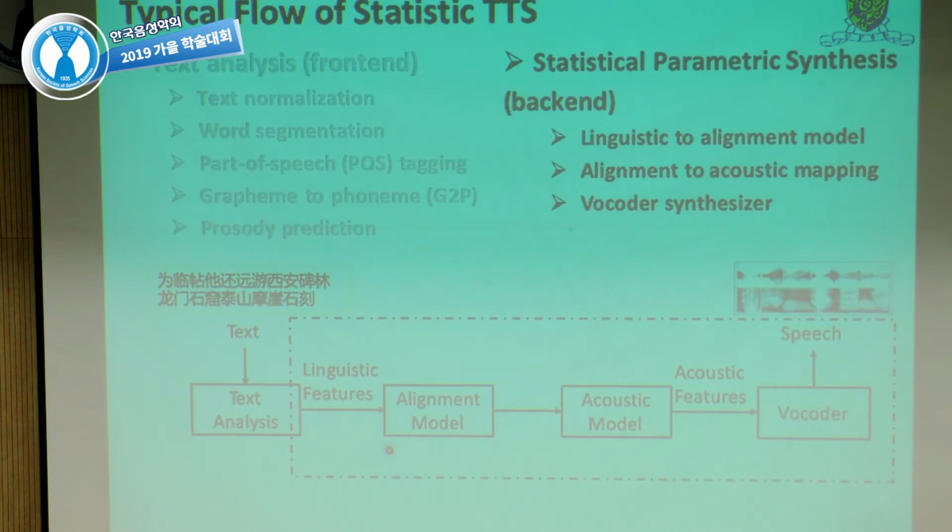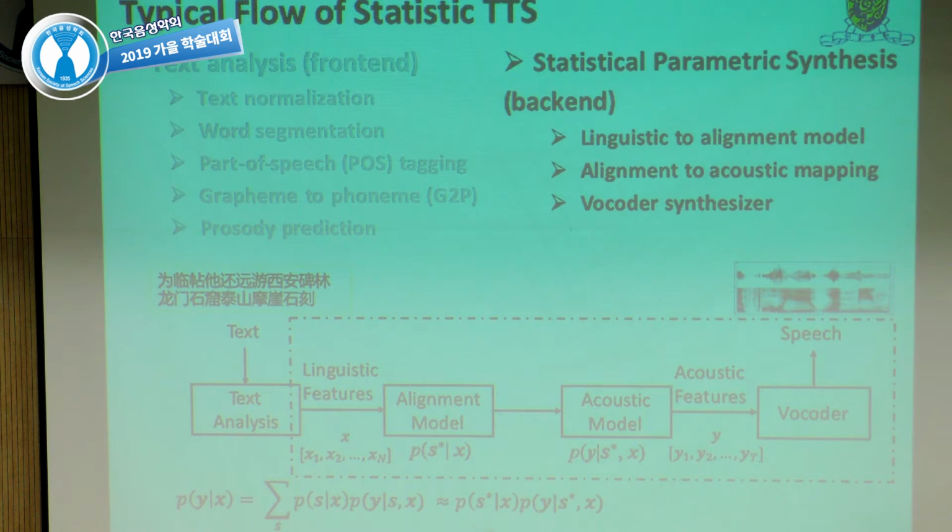So in the backend, we want to convert the linguistic vector into the speech. But what we will convert is actually the acoustic features. Let's denote first the linguistic feature as X and the acoustic feature as Y. Then the problem is formulated as P(Y|X), and it is approximated as this.